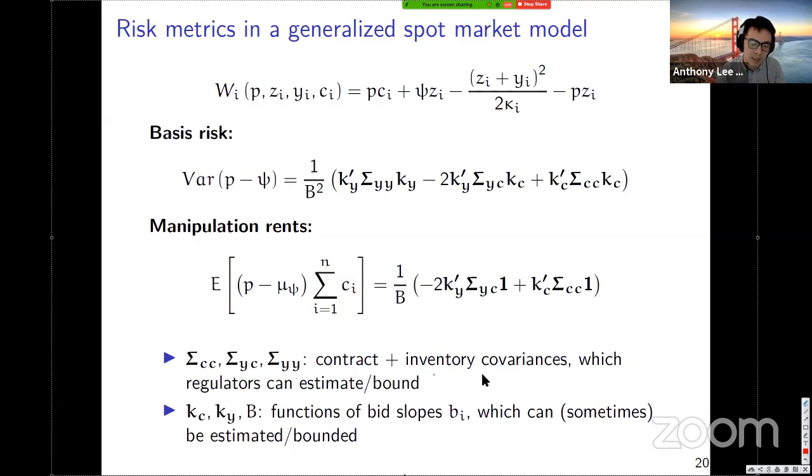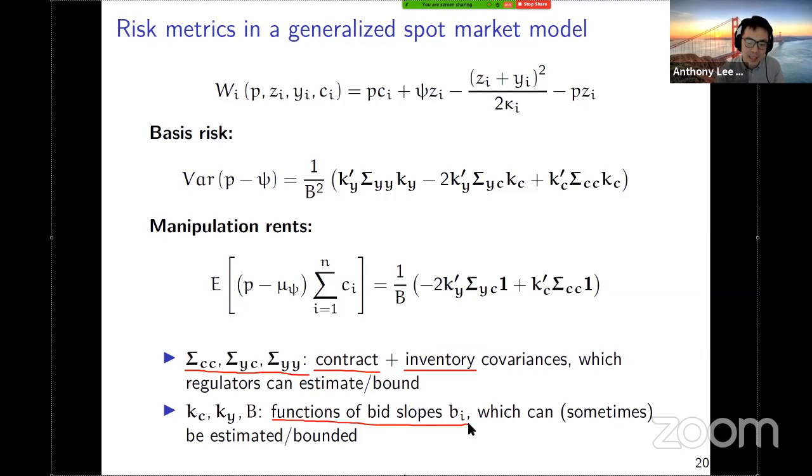You need to measure the covariance matrices of spot traders' contract and inventory positions. So in principle, regulators observe contract positions in many markets. In some markets, they also observe at least trades, and you could estimate inventory positions. In principle, in those markets, a regulator could estimate sort of what is the variance of an agent's contract position? Do Shell and Exxon tend to have positively or negatively correlated contract positions?